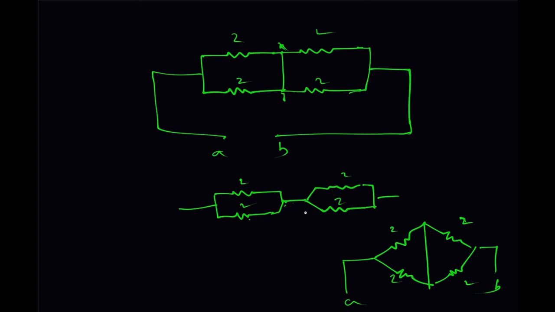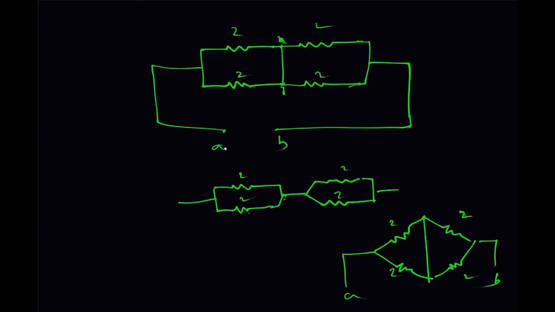This circuit can be arranged like this, in many ways, but you have to reconfigure in such a way that it will be easier to calculate the equivalent resistance. And if there is a resistance here, then how do we calculate the equivalent resistance between these 2?